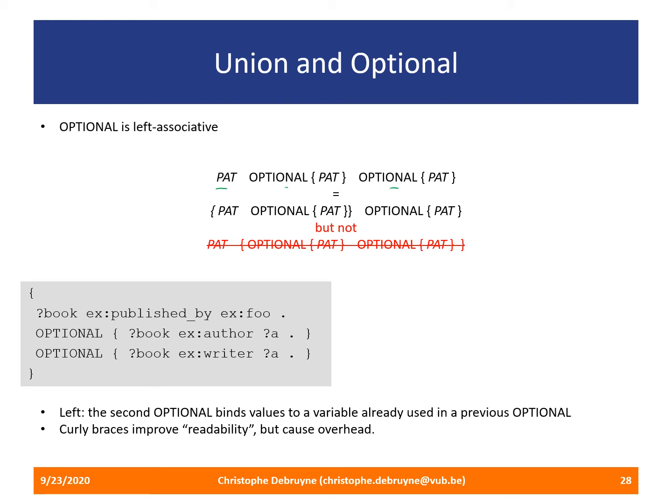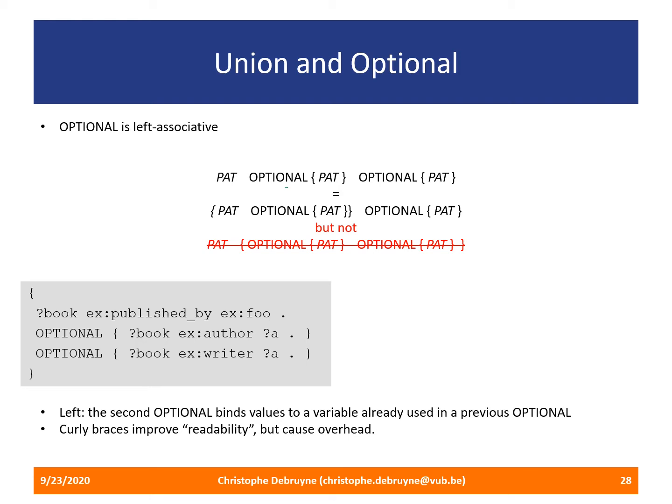So you are allowed to do this, but you're not allowed to start combining from right to left. You can find details of that in papers and documentation, but it all has to do with the binding of values to variables and how you can have slightly different results if that would be the case.